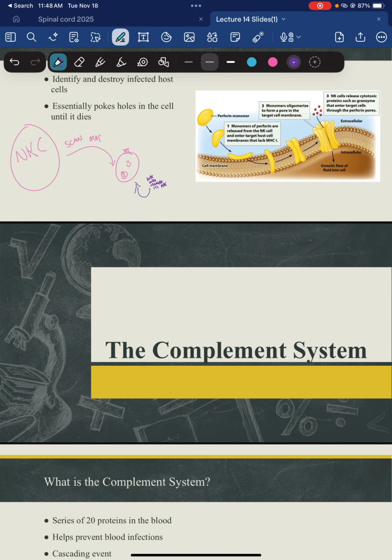Like several per day is what's estimated the number of cancerous cells that occur in your body. But your natural killer cells are very good at sniffing them out. It's only when a cancerous cell develops that doesn't significantly alter the MHC that it's allowed to grow and multiply and become a cancerous state in a person.